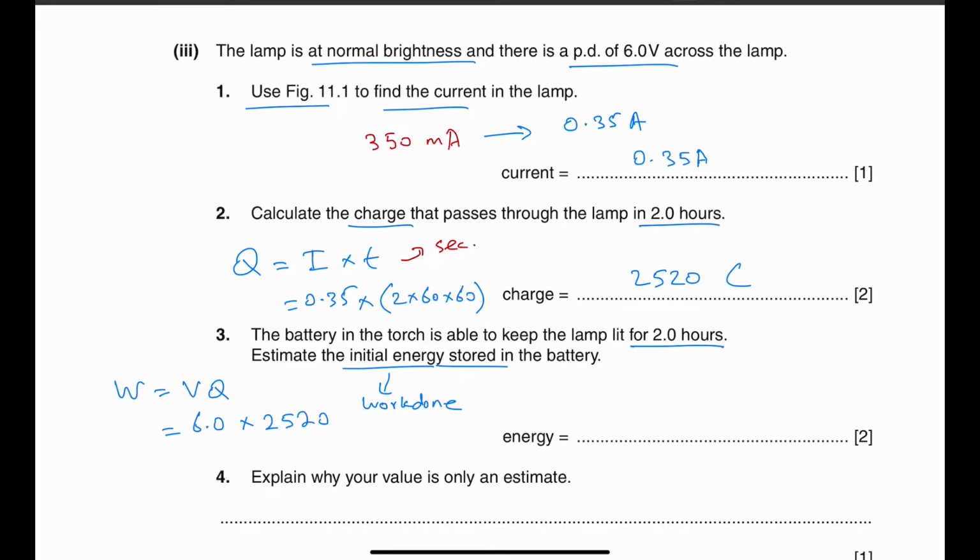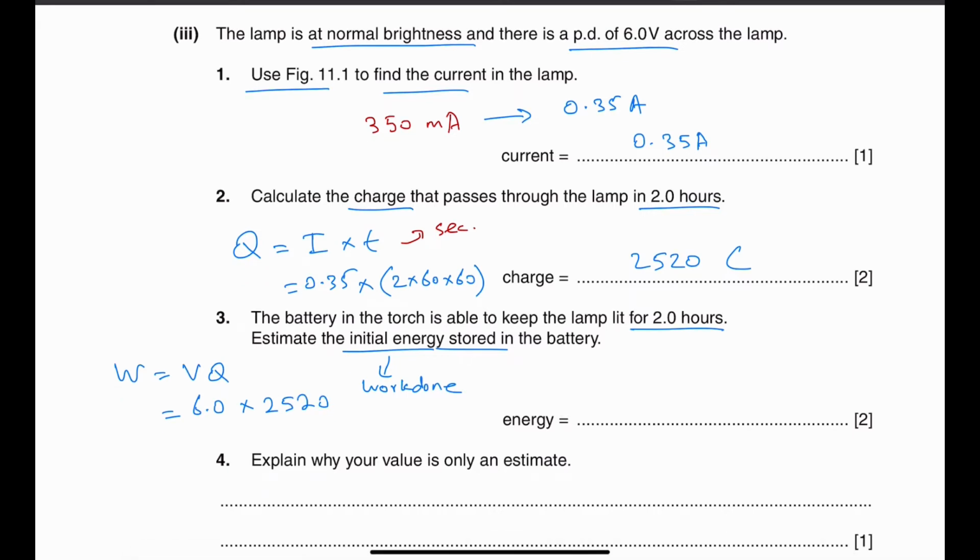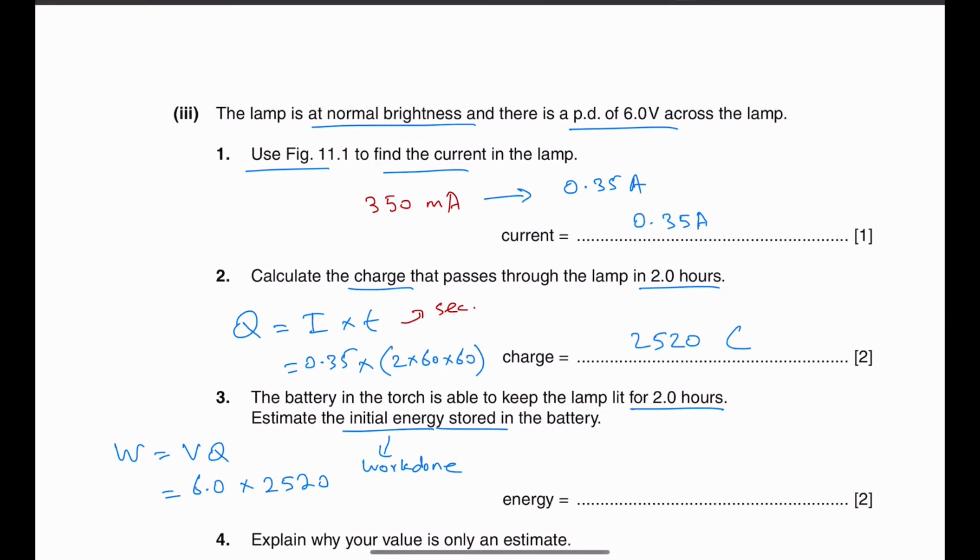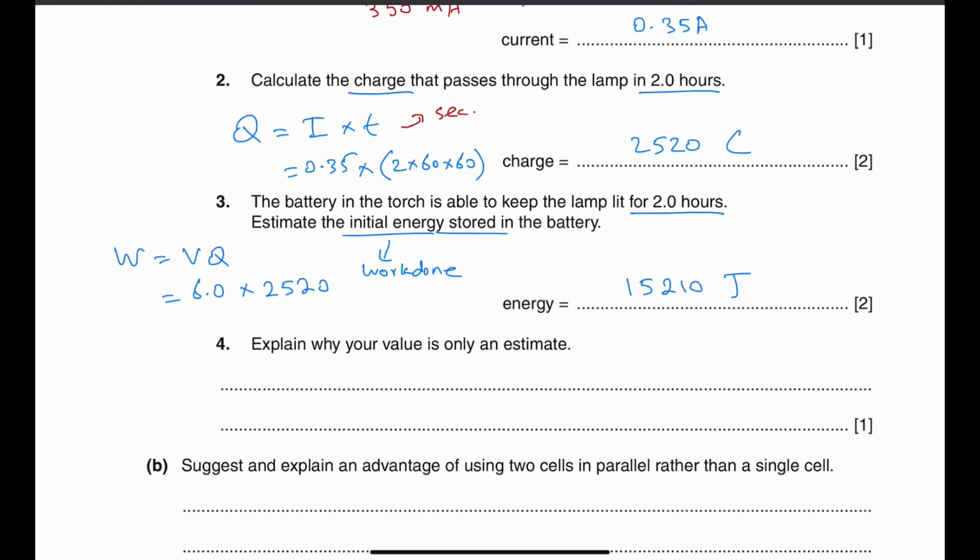So if you multiply these two together, we should get our answer. So let's check that again, and if I multiply this answer by 6, I should get 15210. So my answer is 15210, and since this is energy or work done, the unit must be joules. So the battery converts this amount of joules from chemical to electrical energy.